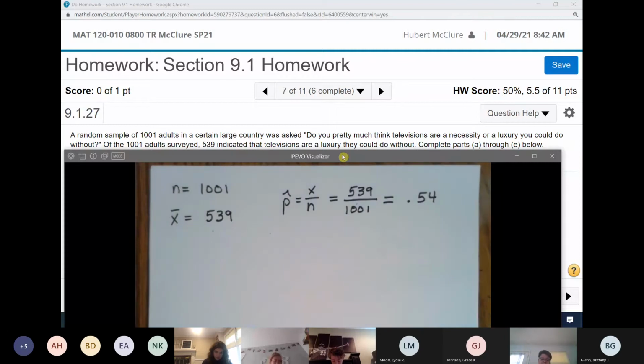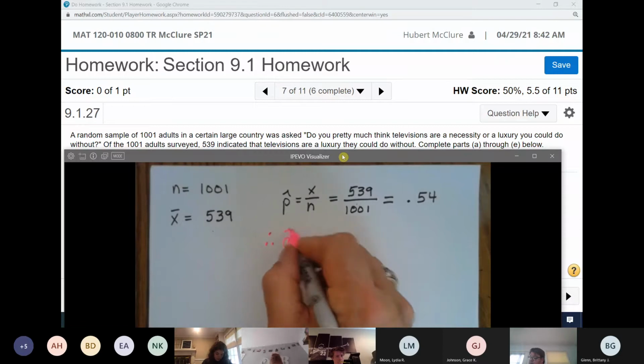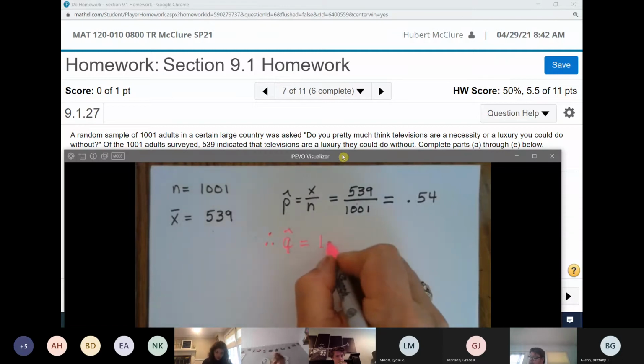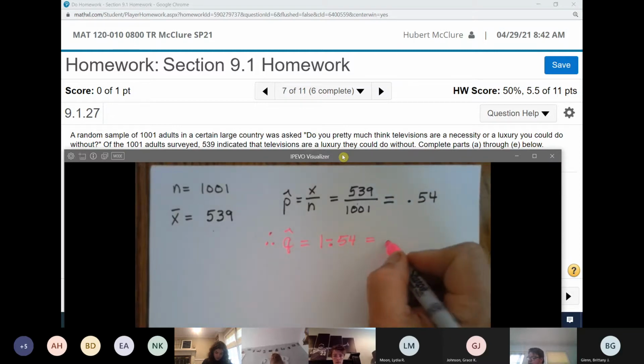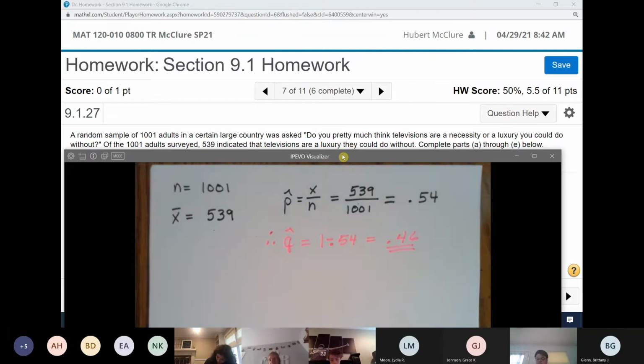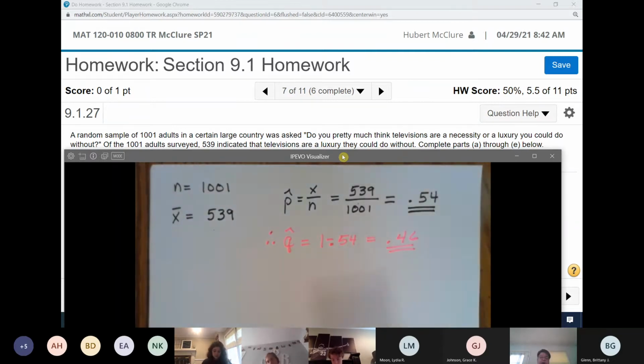Therefore, Q hat equals 1 minus 0.54. And that's equal to what? 0.46? Somebody check me, please. Yes, that's right. So that's the only thing that we can do for A, is find P hat and Q hat.